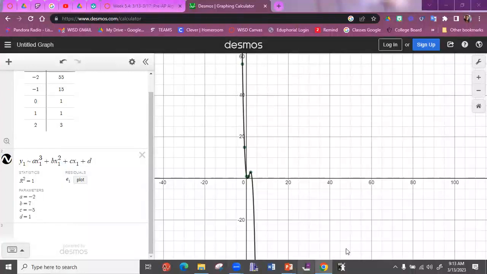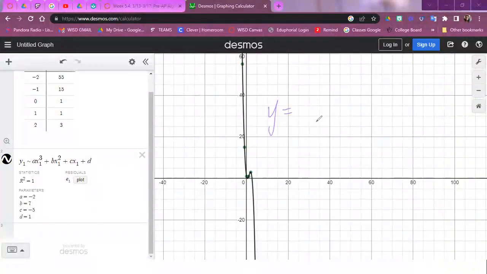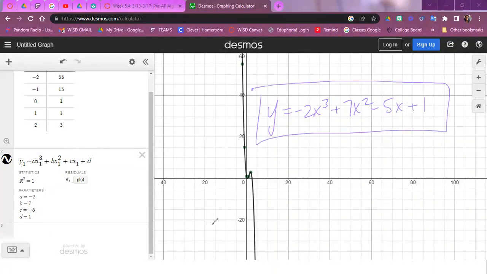So we have y equals, and our a is negative 2x cubed, our b is 7x squared, our c is minus 5x, and our d is 1. And there's your cubic function that represents your data.